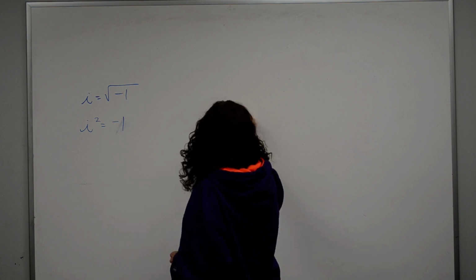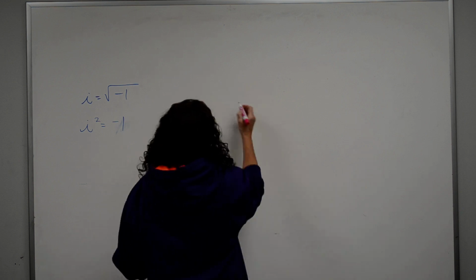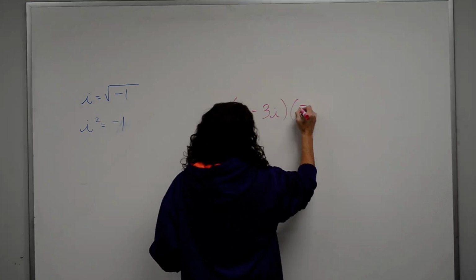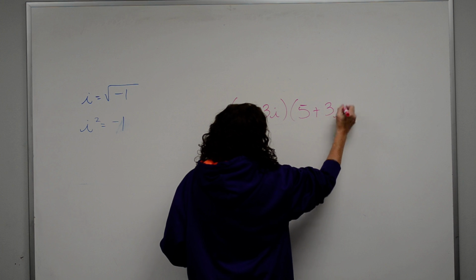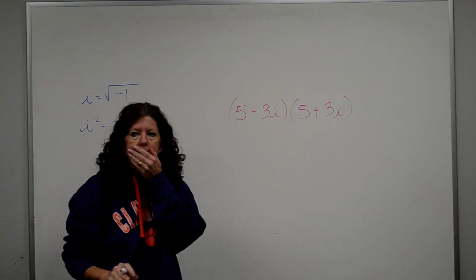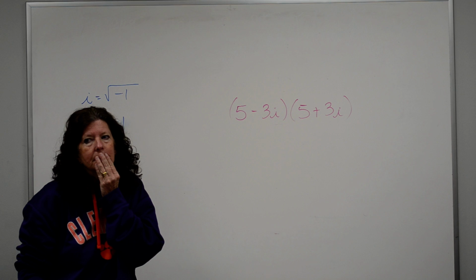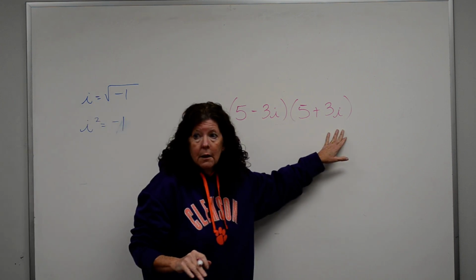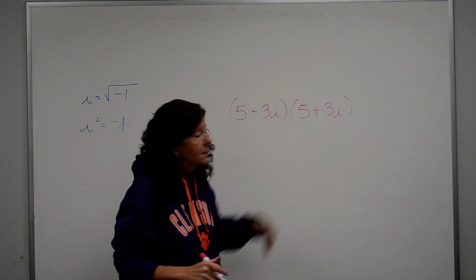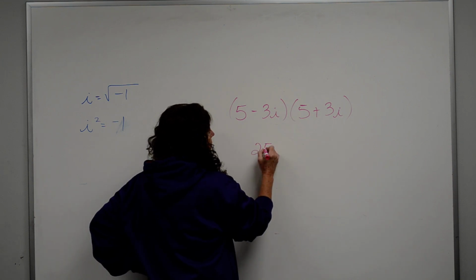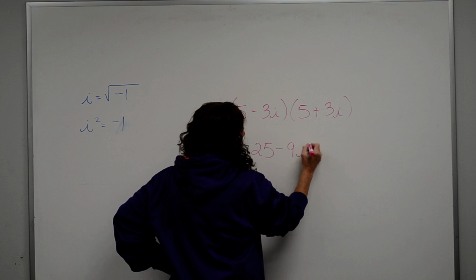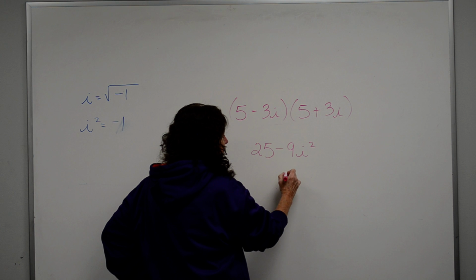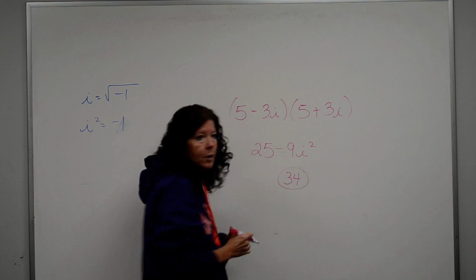If I have, let's do something we can quickly do. How am I gonna do that problem? Foil, okay? Because it matches, right? It's just one's negative and one's positive. So I'm gonna do 25 minus 9i squared, which that's negative 1, so this is gonna give me a 34, right?